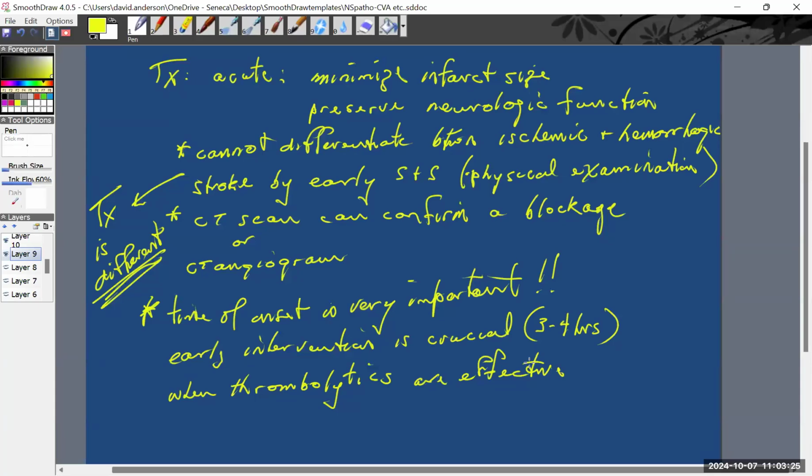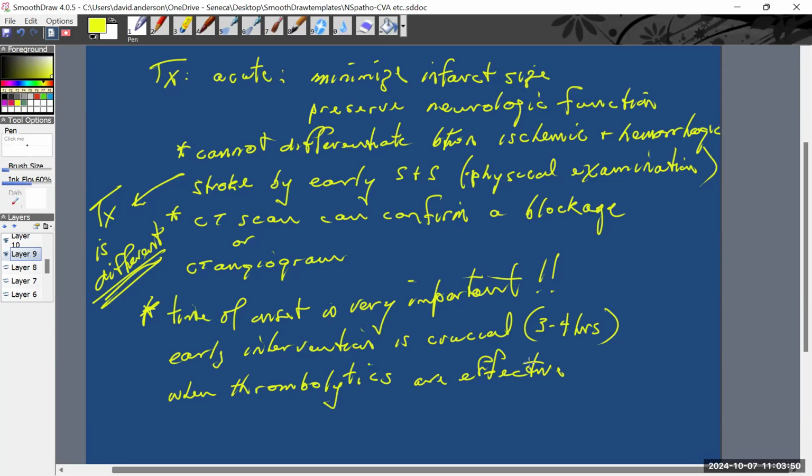Remember, there's going to be loss within minutes. What we're trying to do is reduce the overall effect. So that's where we're trying to address the penumbra, the groups of cells that have reduced blood flow. Introducing the thrombolytics is designed to try to minimize the infarct size and as a result preserve those neurological functions that we wrote down at the top of this page.